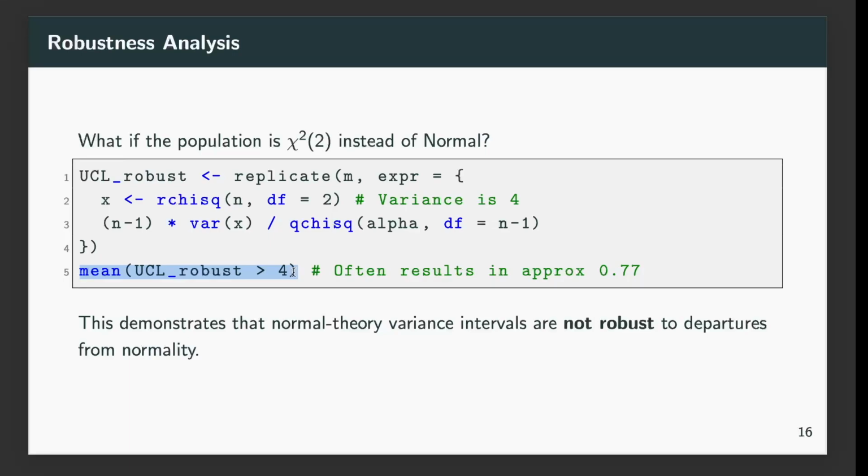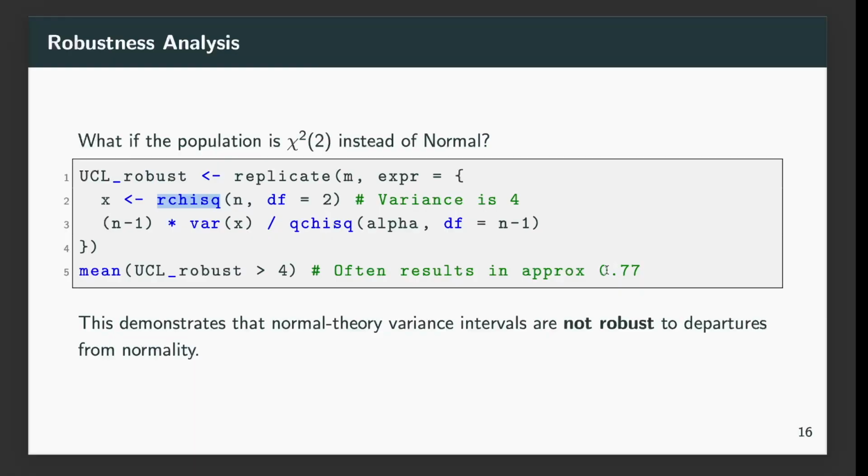Since the data generation is different, you can see that the result is no longer close to 0.95 as we claim it to be at the level of alpha equal to 5%. The answer you get will be around 0.77.